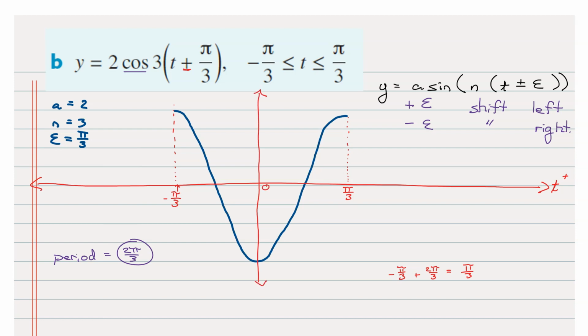So this is going to be 0 radians, this is pi over 3 radians, and this is negative pi over 3 radians. Excellent. And what's really nice is that the starting point of this cosine and the ending point are the same as the specified domain here. So we don't actually have to modify any of this graphing so far.